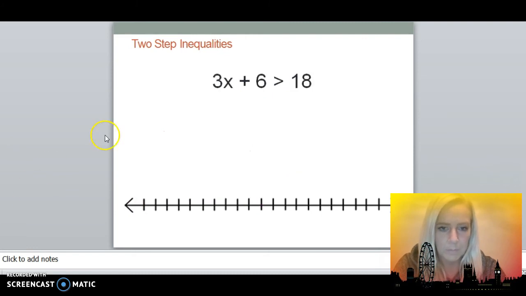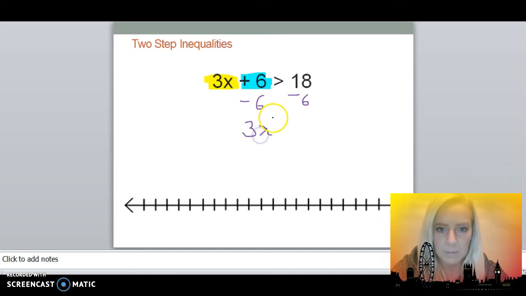One more example. 3x plus 6 is greater than 18. Maybe you want to highlight the x term in one color and the other term in another color. So again, leave your x term by itself first. I'm going to do the inverse of adding 6, and I'm going to subtract 6 from both sides. I'm going to bring down my 3x.